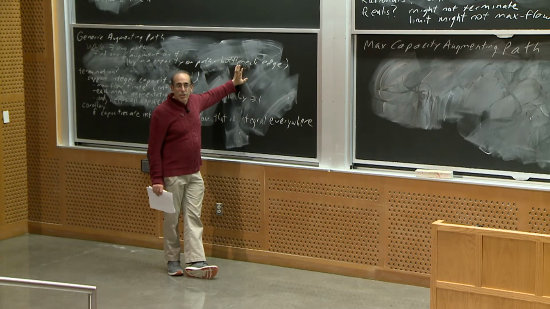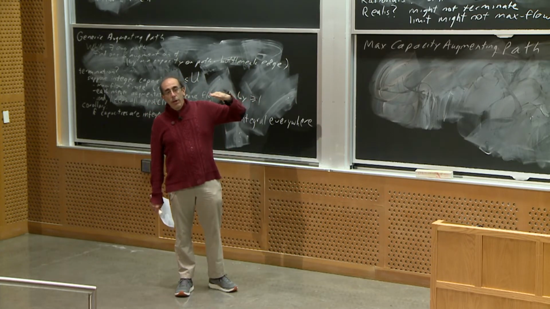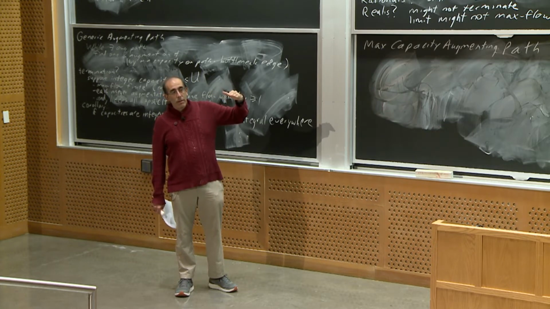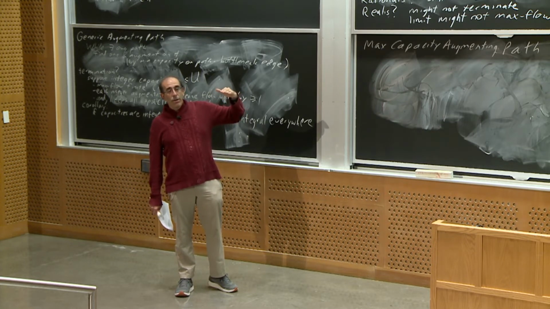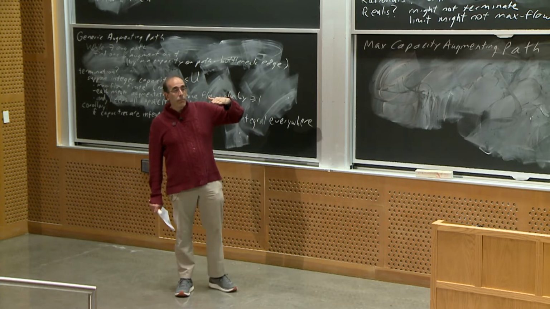So if we just try and identify which edge is the bottleneck edge, that suggests a binary search strategy, right? We speculate and say, okay, maybe this is the bottleneck edge. So if that's true, we don't need any edges smaller than this in the augmenting path, right? So let's just ignore all of the edges smaller than this one and see if there is an augmenting path consisting only of edges at least this big, right?